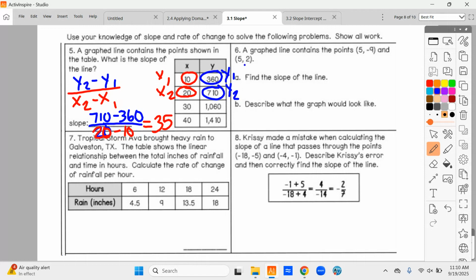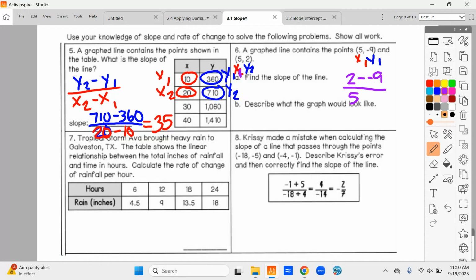So y2, y1, x2, x1. Okay, so I'm just going to switch to purple here. So I have y2, which is 2, minus y1, which is -9. So minus a negative, that's okay. Y1 is 5. Make sure this is a clear 1.